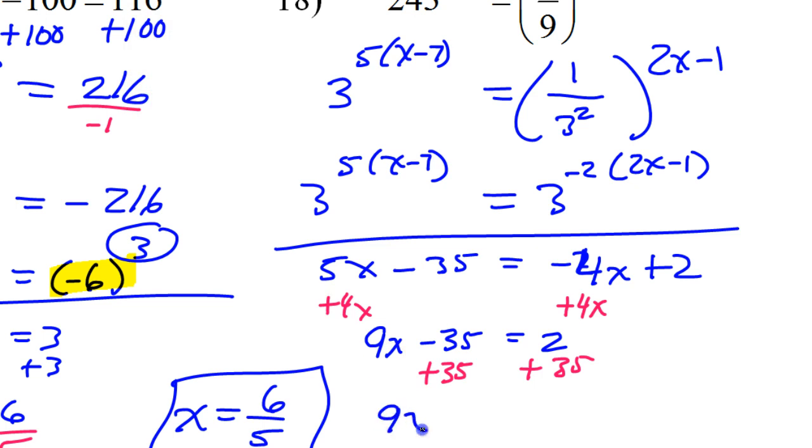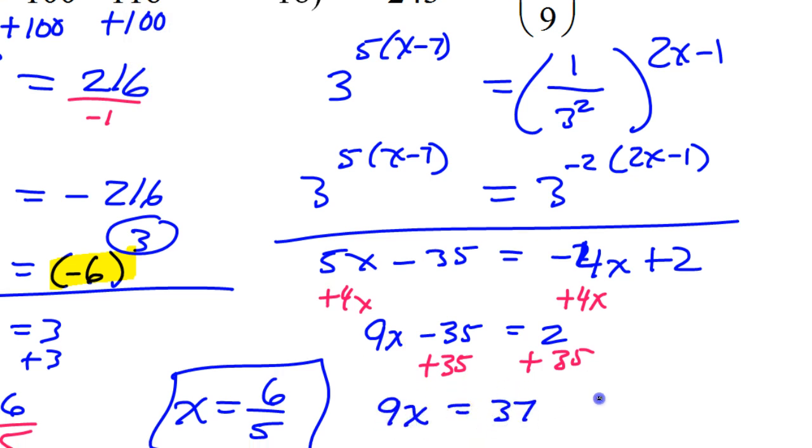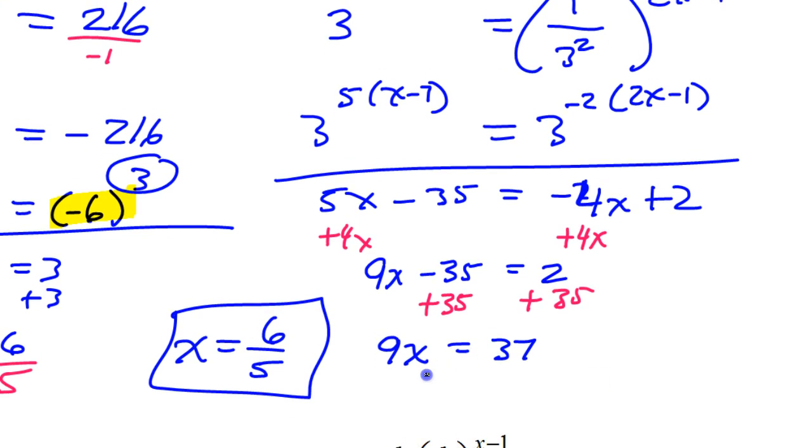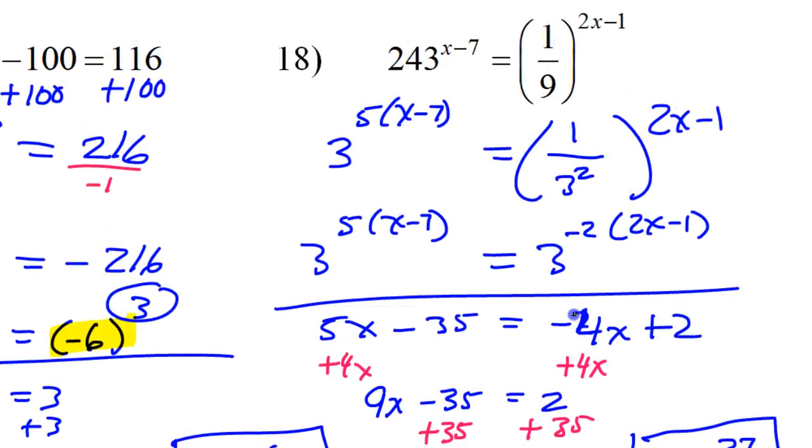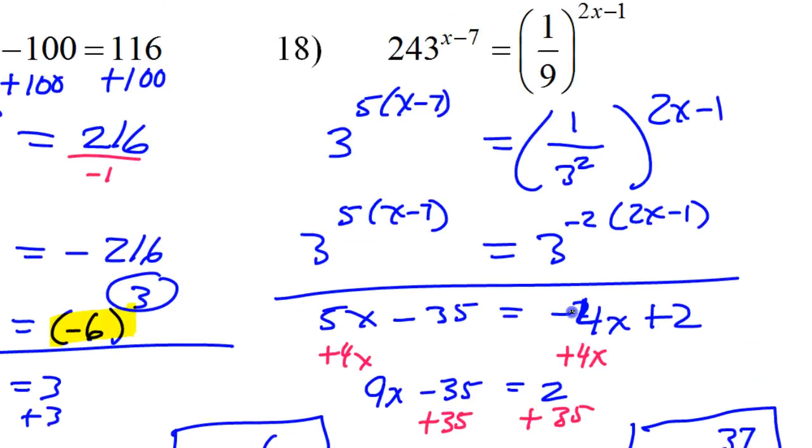So that's going to give me 9x is equal to 37. Okay, and now I will divide both sides by 9. So x is equal to 37/9. So that is the answer to number 18.